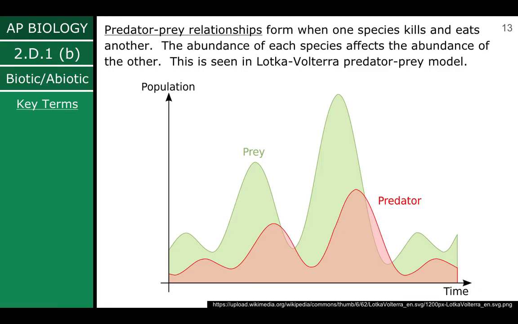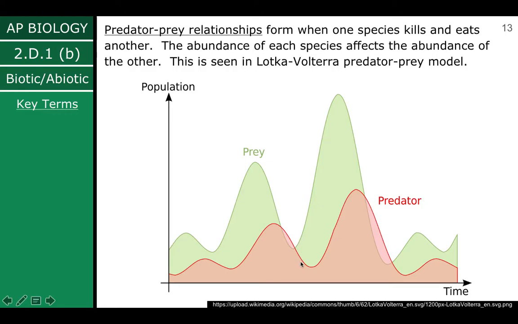So predator-prey relationships form when one species kills and eats another, obviously, and the abundance of each species affects the abundance of the other. This is seen in the Lotka-Volterra predator-prey model. What's important to notice here is that the densities of the population, or densities of the organism, are similar with the prey and the predator, which makes sense, because if the predator is high, it eats a lot of the prey, which means that it's going to decrease.